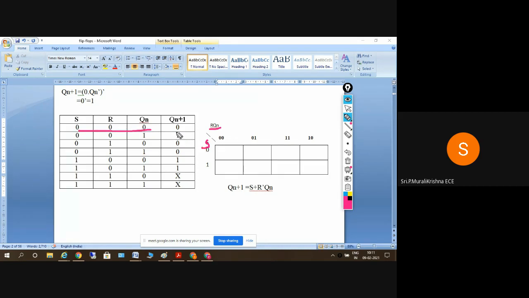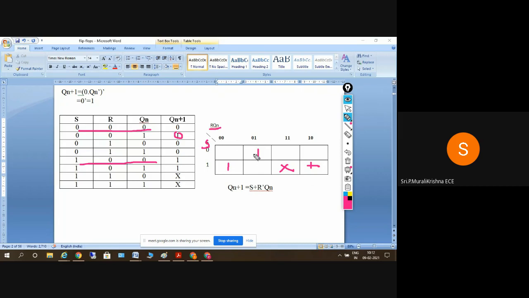What we need is ones and don't cares only. 0 0 1 it's a 1. 1 0 0 it's a 1. For 1 1 0 and 1 1 1 it's a don't care.